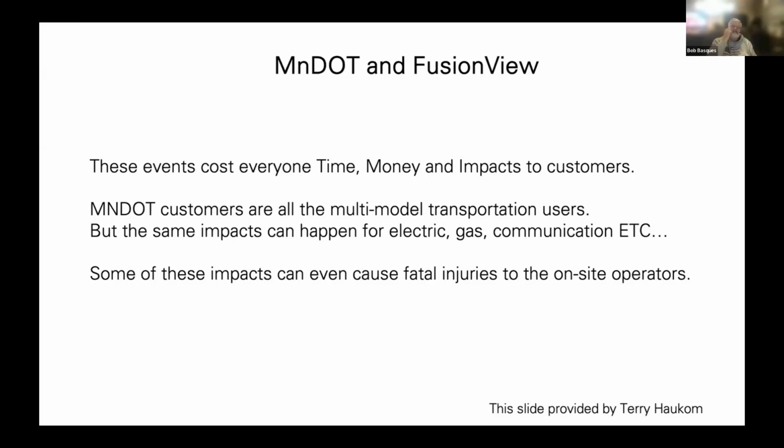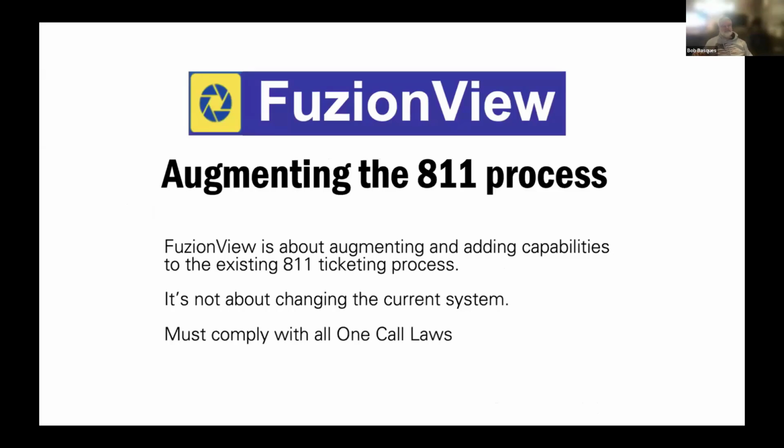The MnDOT customers are all the multimodal transportation users, but the same impacts are going to happen for everybody. You can also get into the fatal side of things, people dying from certain kinds of hits, but the point is that the more we can reduce these hits, the better everything's going to be for everybody.